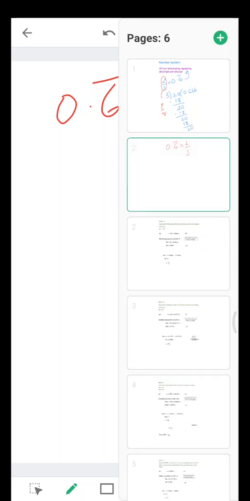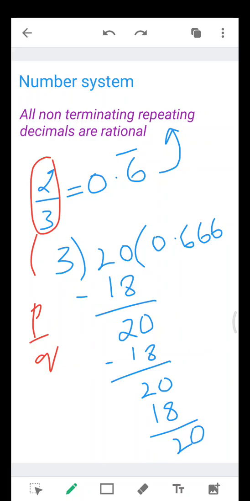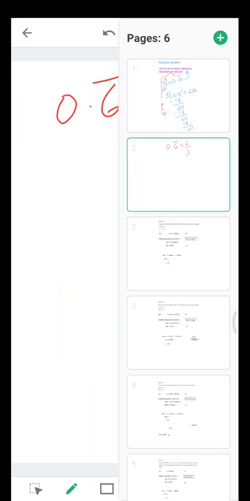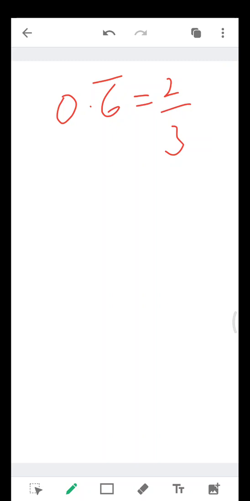Yes, how to convert this 0.6 bar back to 2 by 3? This is the question now. From 2 by 3 I got 0.6 bar, this way I divided it. If I want to go in reverse way, from 0.6 bar if I want to get 2 by 3, how to do that?